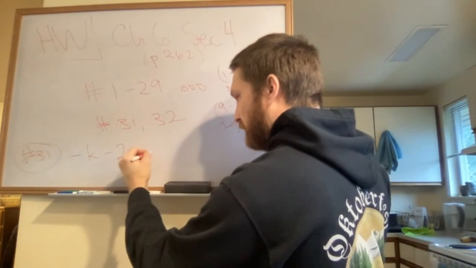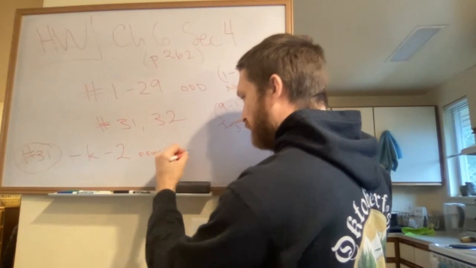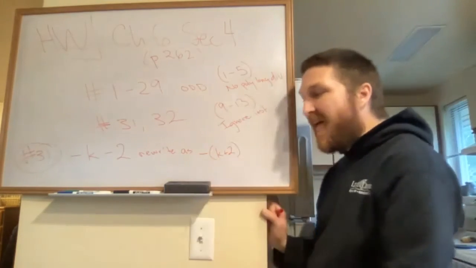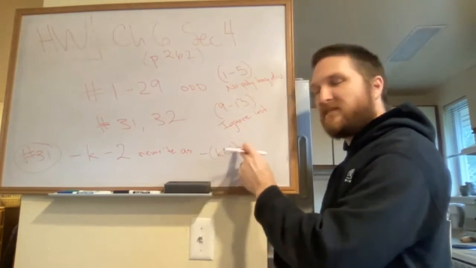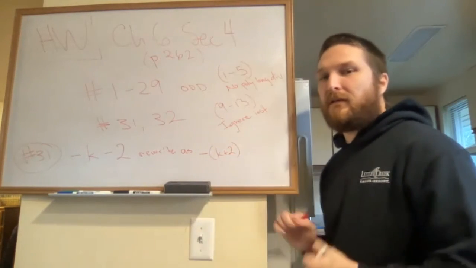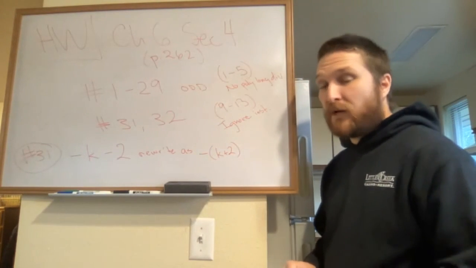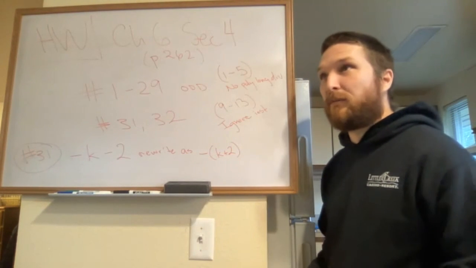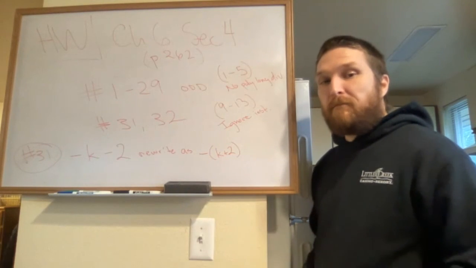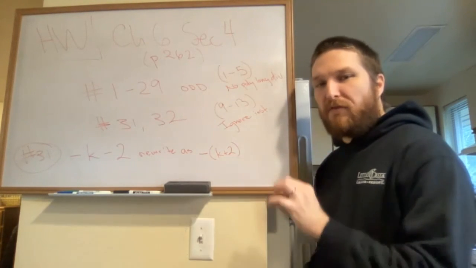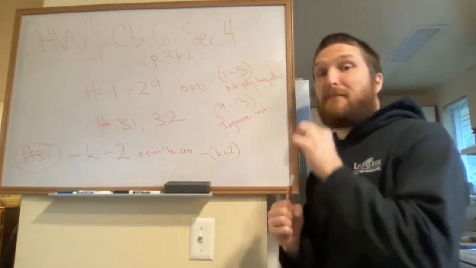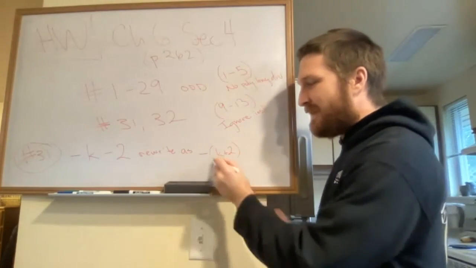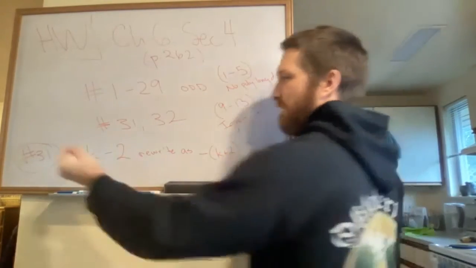Rewrite it as negative k plus 2. And then just pretend that this is a number. For the rest of the time that you do this problem, just remember, k plus 2 is just a number. We don't know what number yet. You will find out at the end. That's what the problem's all about. You will be solving for k in the end, but throughout the whole thing, just remember that k plus 2 is just a number. Pretend it's 5 or something, right? Just go along with it. But yeah, that's your hint for number 31.